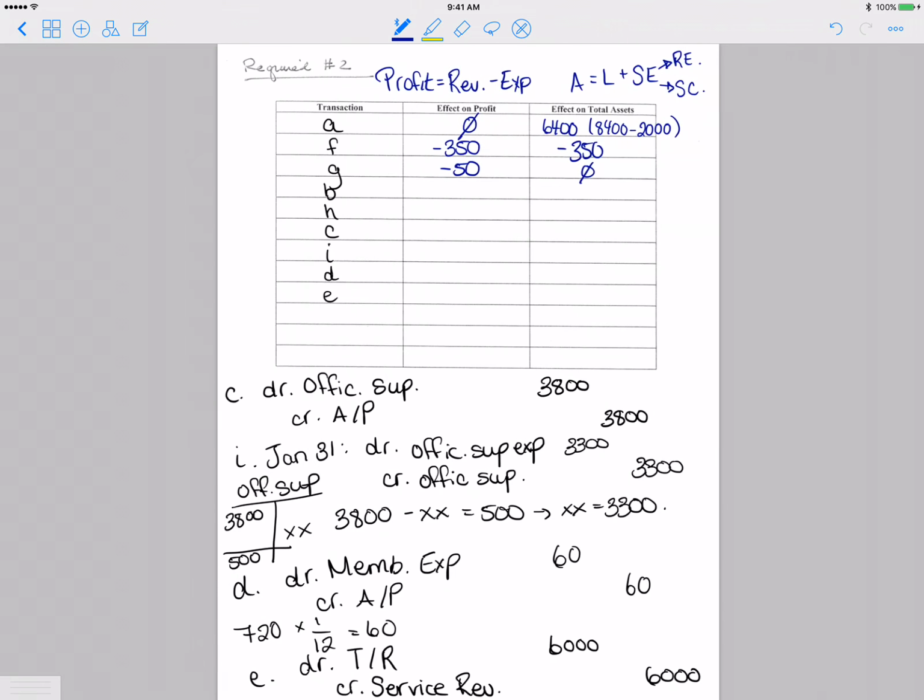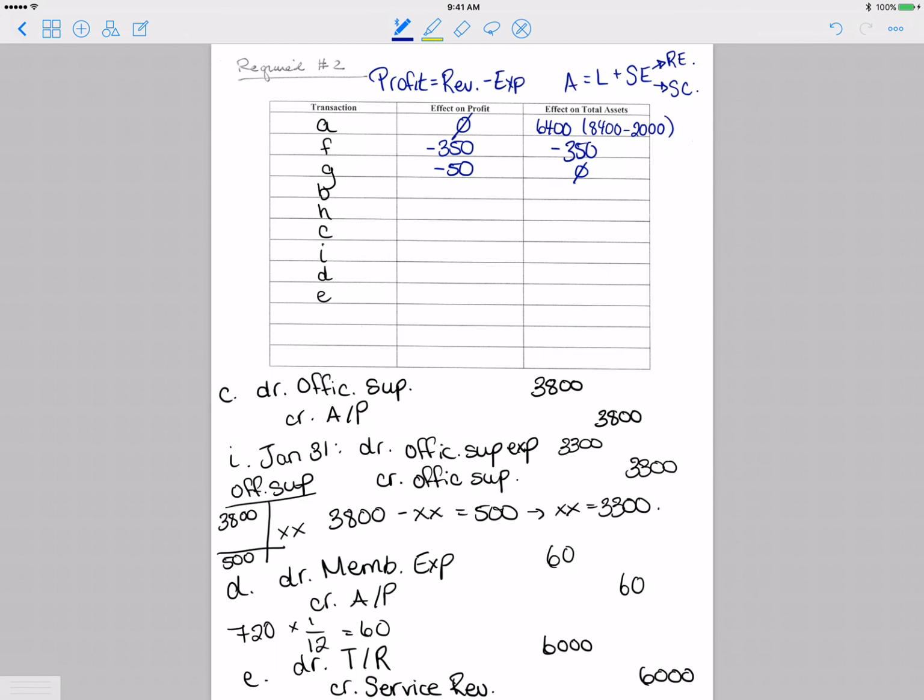So if we go back in here and adjust it, we know that for B, we have no effect on profit because we're only dealing with the effect on our assets and our cash. And we're also not going to have an effect on total assets. Why is that? There is an effect, but the net is 0 because we had 1,200 that was increased in our assets. However, we also used our cash to decrease it, giving us a total of 0.